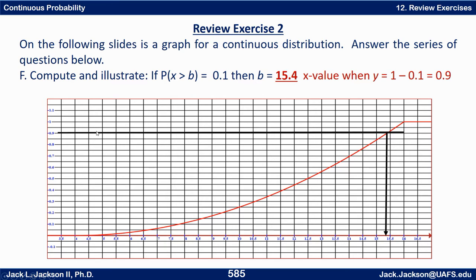So we'll take y equals 0.9 across, here it is, and we'll find where it crosses the graph, and then come straight down and find that x. All right, so there's 15, 15.5. I'm going to say 15.4. Okay, so 15.4 is the x value when y equals 1 minus 0.1, or 0.9. So 0.9 is the probability to the left, and 0.1 is the probability to the right.